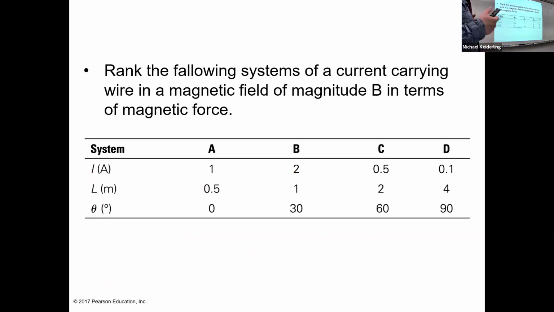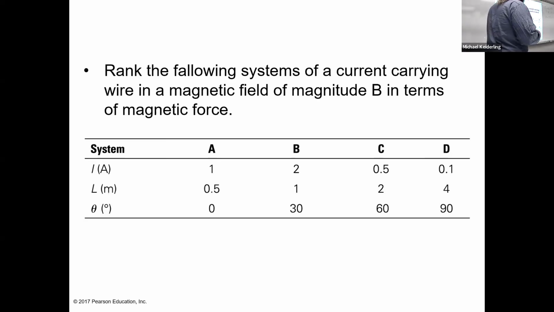So here we have a series of current carrying wires, and we want to rank them in terms of magnetic force. They all are in the same constant magnetic field. The first one has a current of 1 amp and a length of ½ meter, at an angle of 0 degrees.